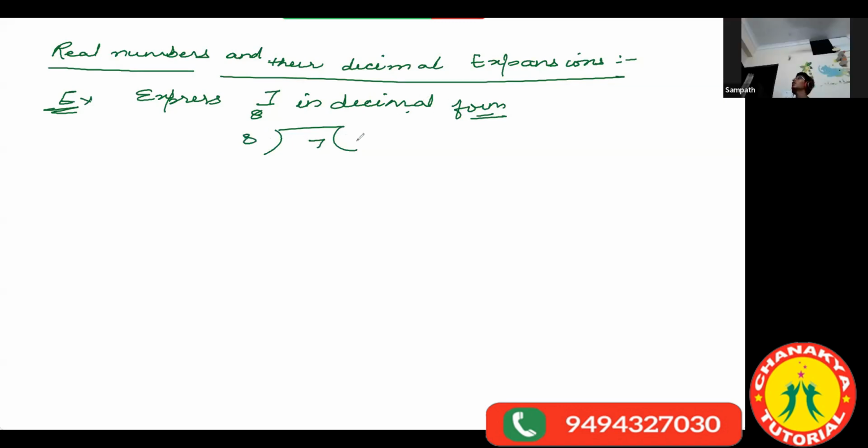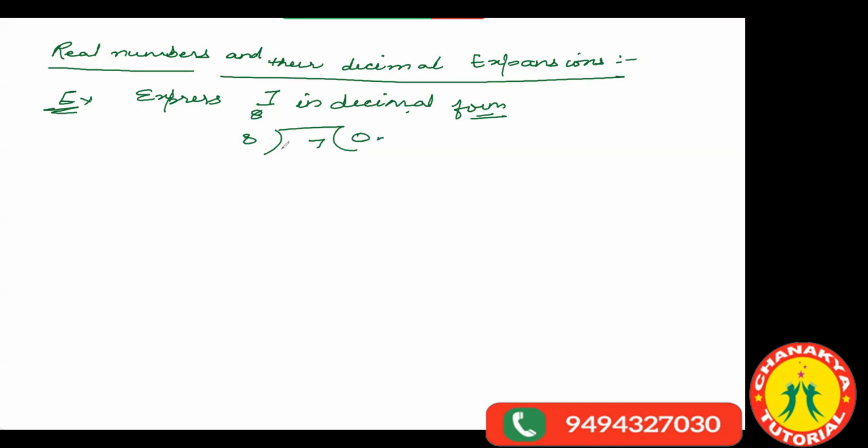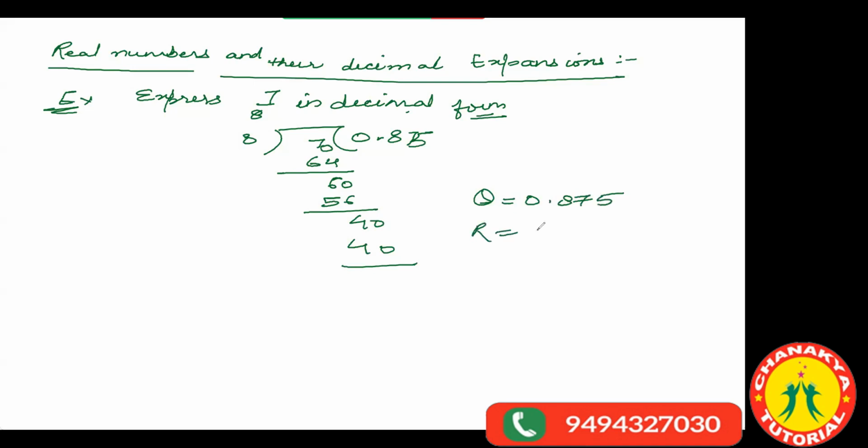It is not divisible by 8, so you put a decimal point, 0 point, then insert one more 0. Then 8 8s are 64, then 60, then 8 7s are 56, then 40, 8 5s are 40. So you write its decimal expansion: quotient is 0.875 and your remainder is 0. Clear, beta? Yes, ma'am.